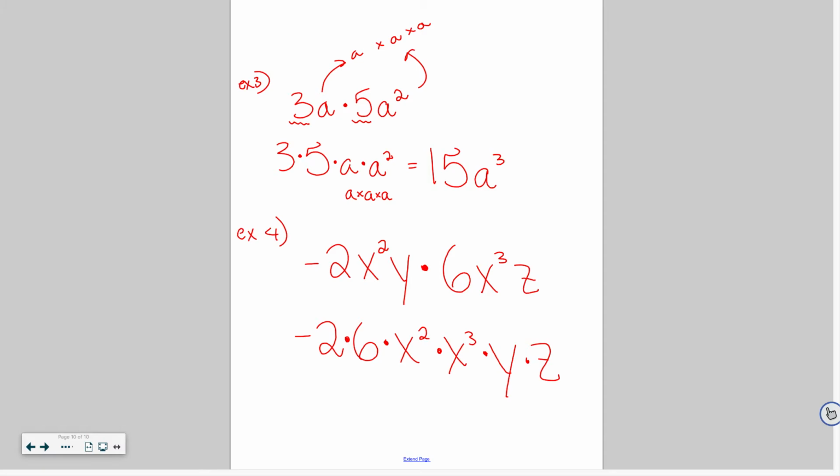Is it negative 12? Negative 12. X to the 5th. Yes! Did you guys get x to the 5th power? Yes. X to the 5th times. Oh, you don't need times though. You just write a y and a z. That's it.